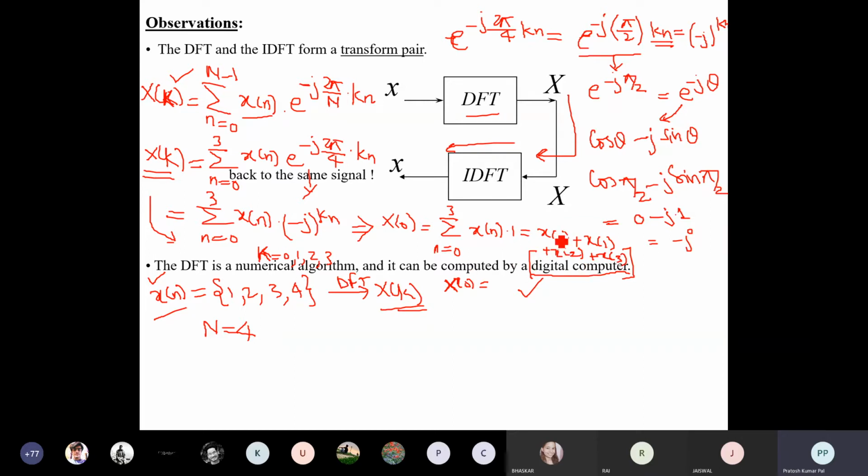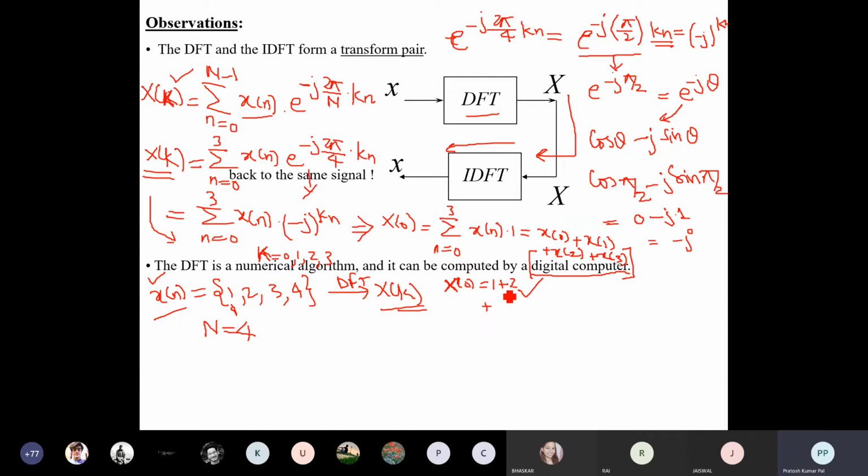This is the DFT of your input signal for k equals 0, the 0 sequence. Each sample, this x of 0, indicates the sample at 0 time interval. So at 0 the sample value is 1, so here that will be 1 plus x of 1, which is equal to 2, so it will be 2.